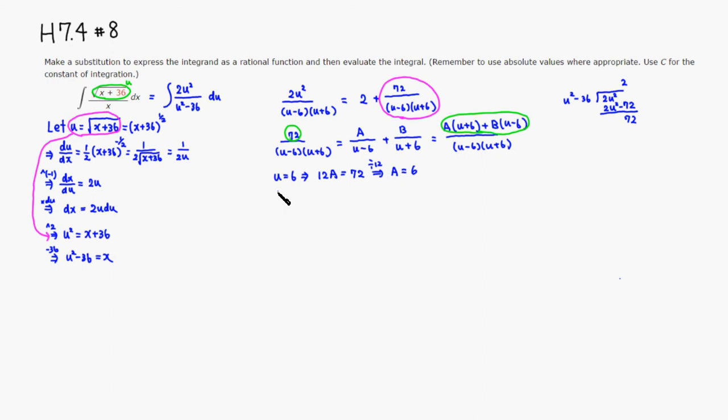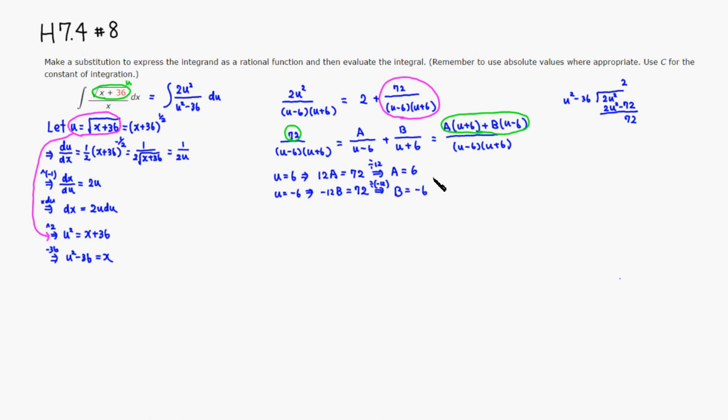Then let u equal negative 6, so that A's term is 0. Negative 6 minus 6 is negative 12B, equal to 72. Oh, actually that's B, I messed that up. Dividing through by negative 12, we get B to be negative 6.